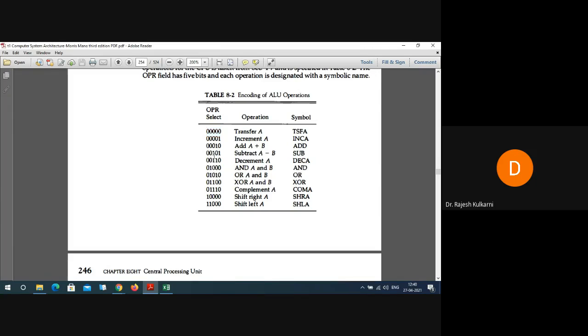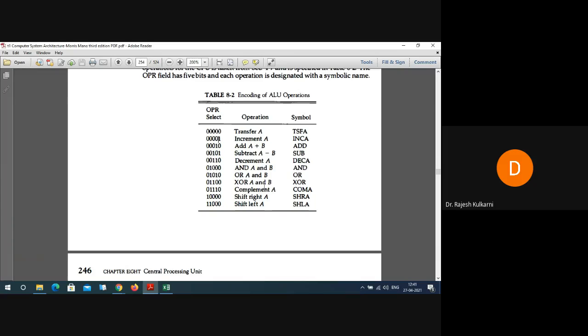Maybe they have taken a different value. This is 5, no? So after 2, they have gone for 5. After 5, they have gone for 6, then 8, then 10, then 12, then 13, then beyond that. But whatever is the status of these bits, that will indicate what kind of operation will be there.